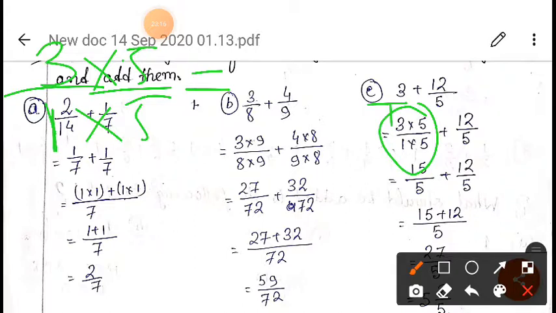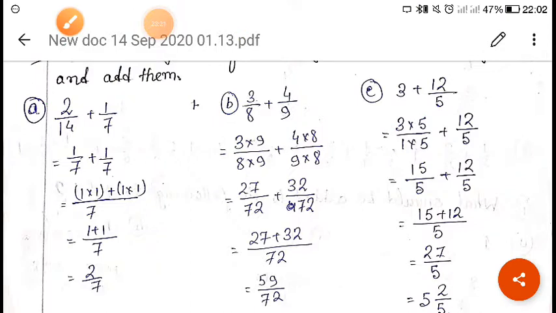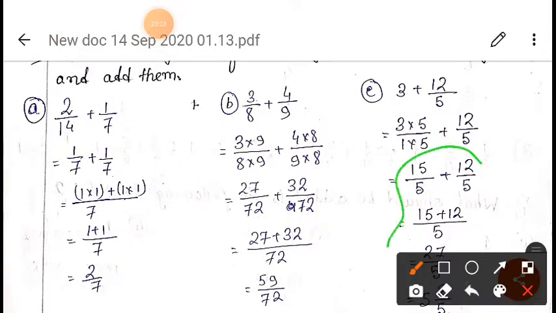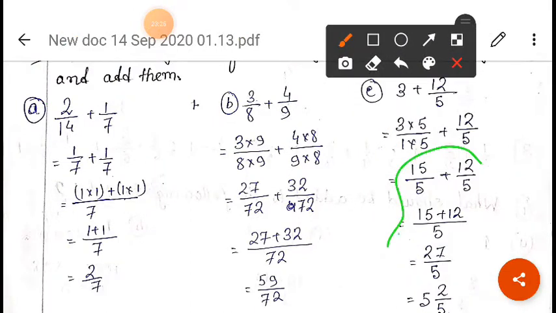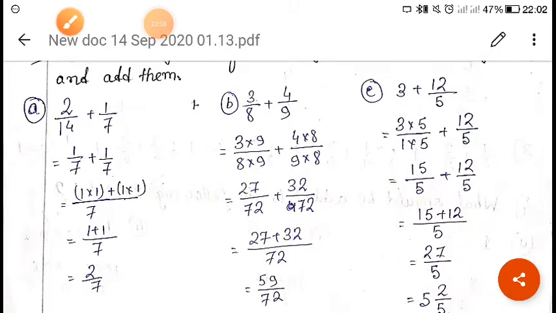So what we will get? 15 by 5. From here the process is the same, right? And after that we have to do the division part, we have to convert them into a mixed fraction.